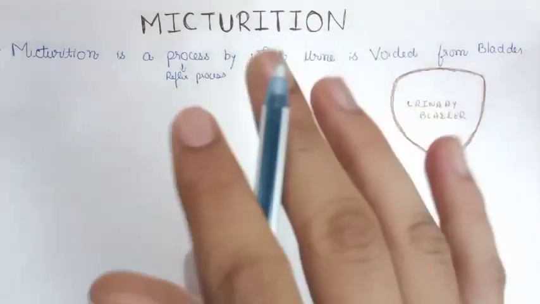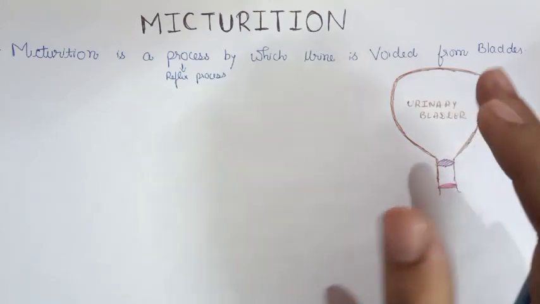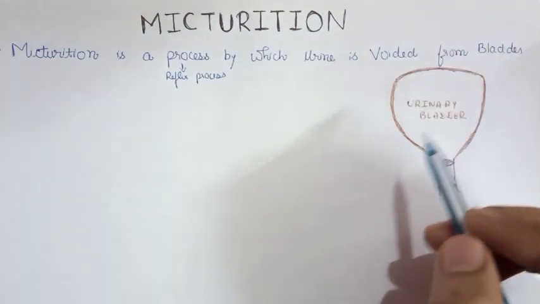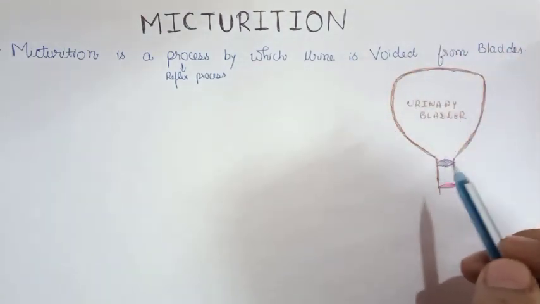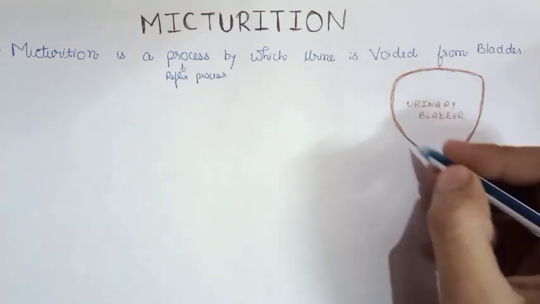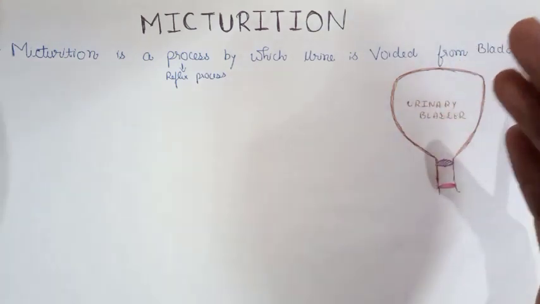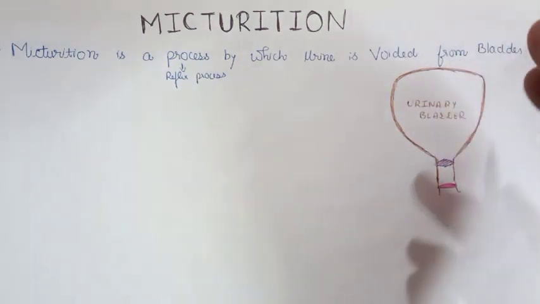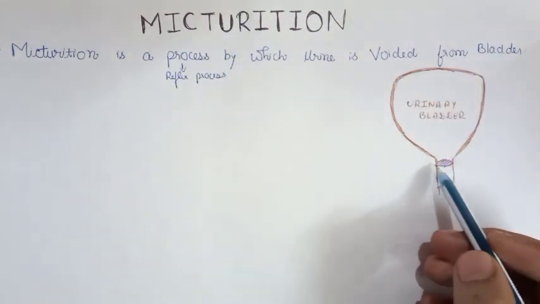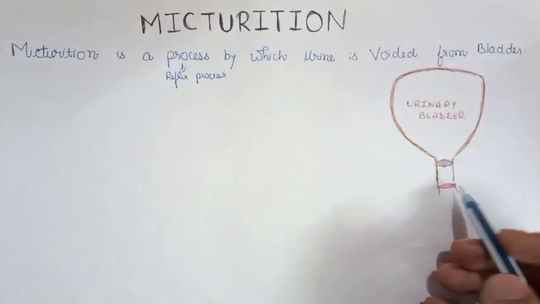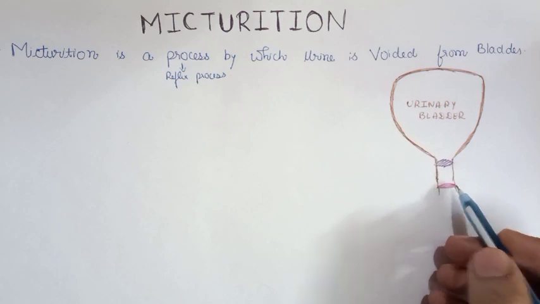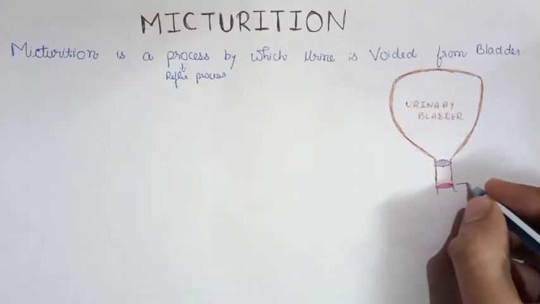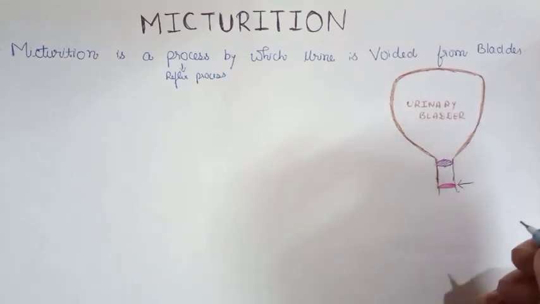The primary discussion is about the nerve supply of the urinary bladder and the urethra, especially the urethral sphincters. So here is the urinary bladder. In the urinary bladder we have a specialized muscle called the detrusor muscle, and here we have the internal urethral sphincter and here is the external urethral sphincter. The external urethral sphincter is under voluntary control.